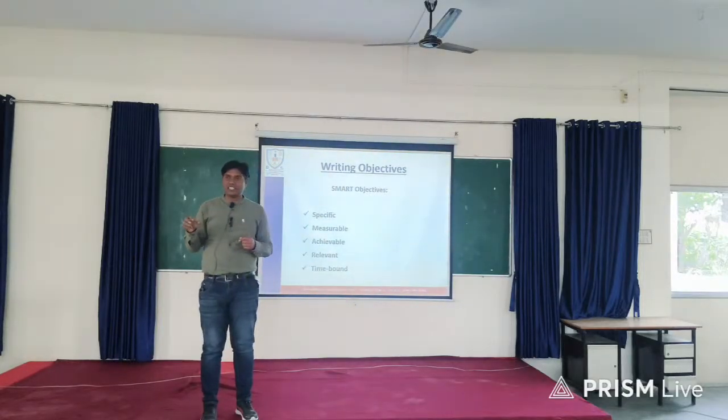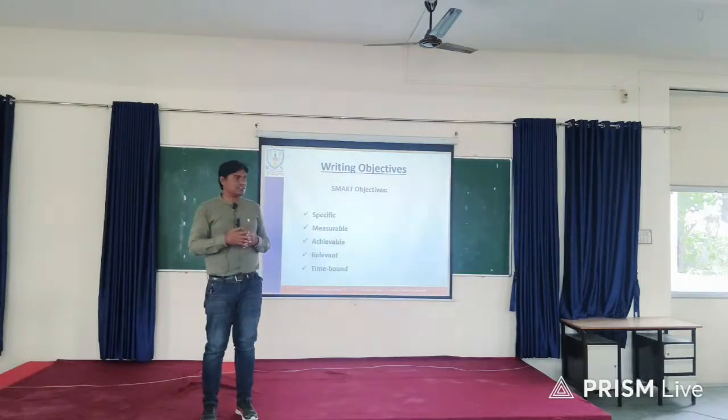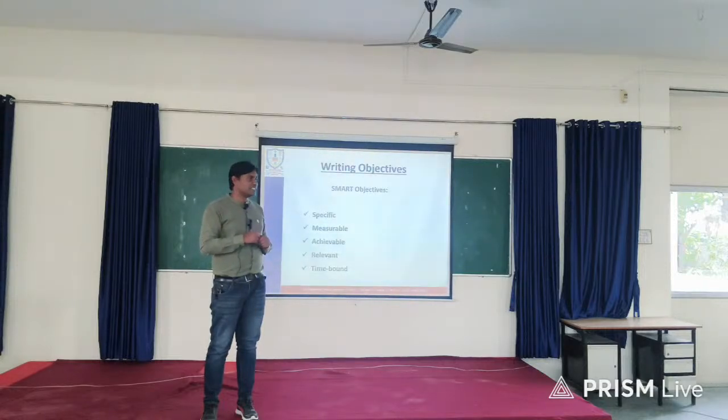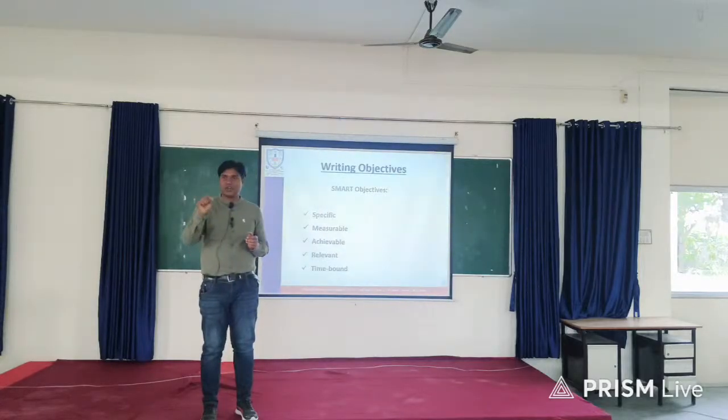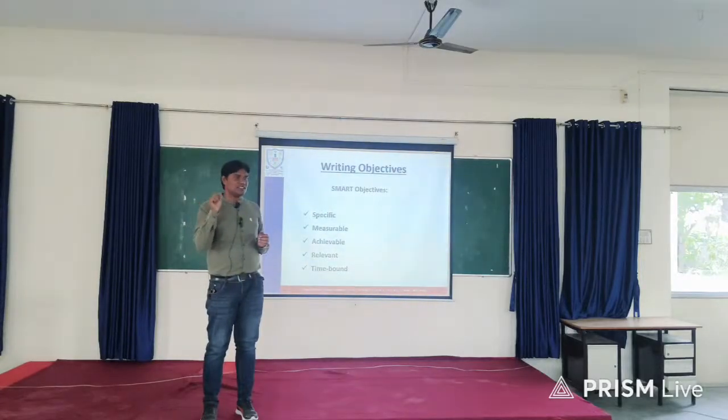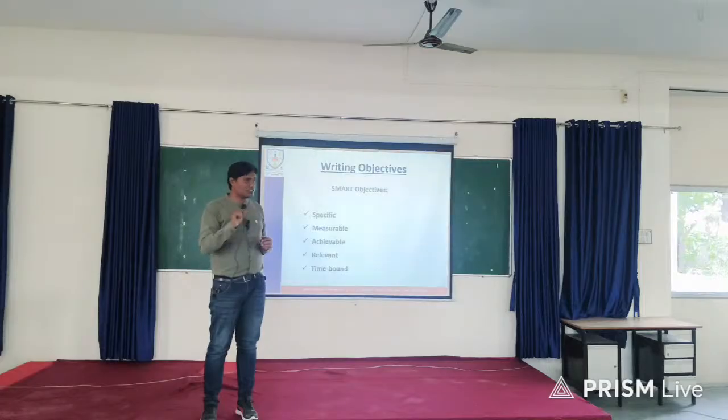The problem is it will give you some hi-fi objectives, some objectives which cannot be achieved actually. Such type of objectives if you write, there is a chance of rejection, there is a chance of being pointed out. Then they will understand that this particular person has used ChatGPT.